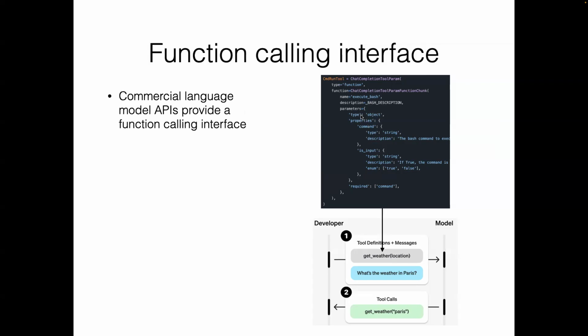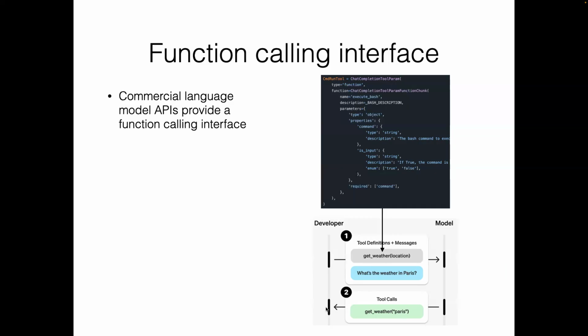What you can do is specify in JSON the description of the command, and then say here's the input type, here's the output type, things like that. This is a screenshot from OpenAI. Now you can tell the model about the tool. In their example, it's called get weather. And now the model knows that one option it has is to output a call, like get weather with some arguments.